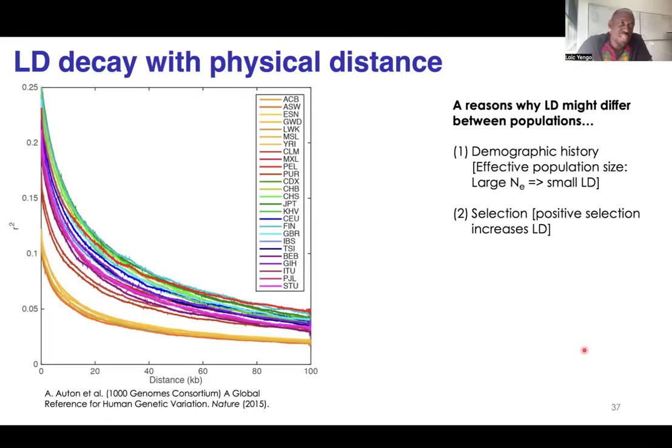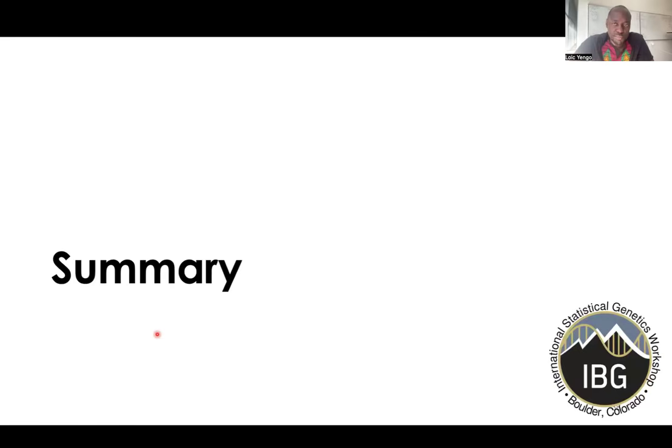In particular, we see that all the African ancestry populations are somewhat detached and at the bottom, showing that they have lower linkage disequilibrium, and that is related to the demographic history I was mentioning earlier, the effective population size or the size of the founders that have led to those contemporary populations. So that's also something to keep in mind.